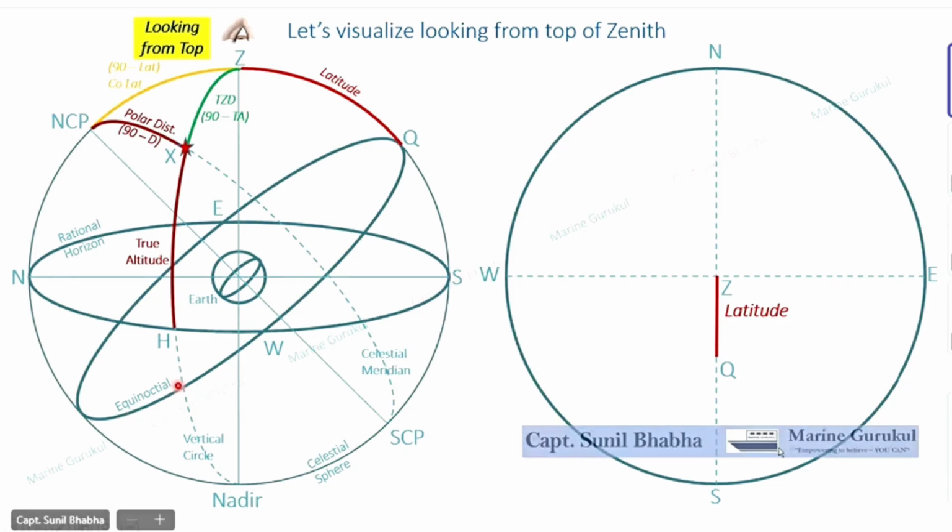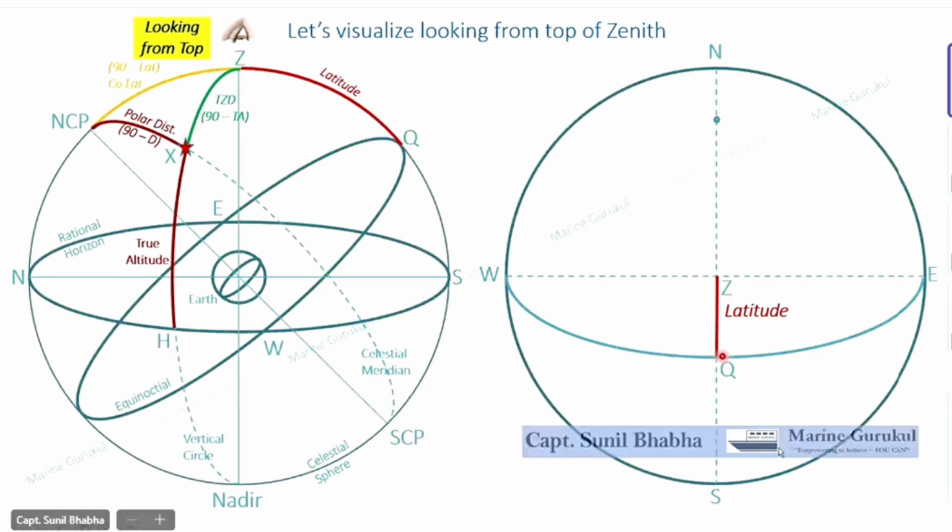You have the W point here, the Q point here, and the E point here. So joining W to Q to E will give us the equinoctial. So let us do that. You see, W joined with Q joined with E gives us the equinoctial.